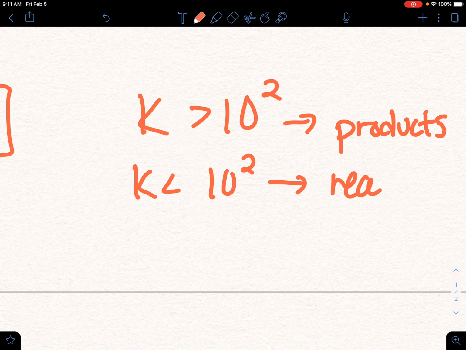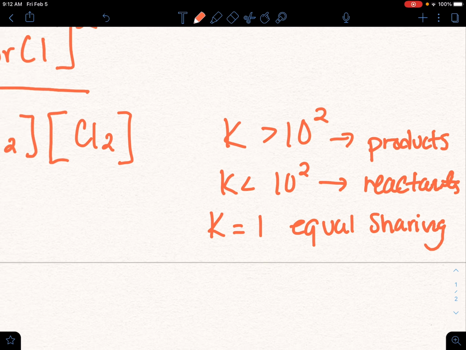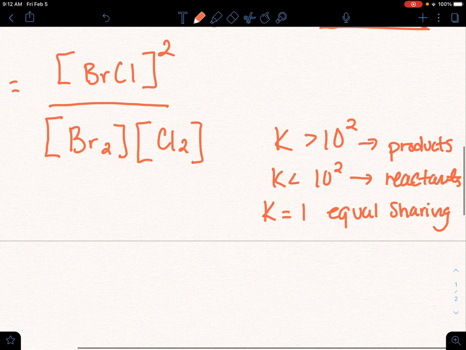It likes to do the reverse reaction. It can do both, but it favors the reactant side. And when K is equal to 1, it's equal sharing, so it doesn't matter. Again, we're only going to see concentrations for K or pressure values, which we'll see in some problems.